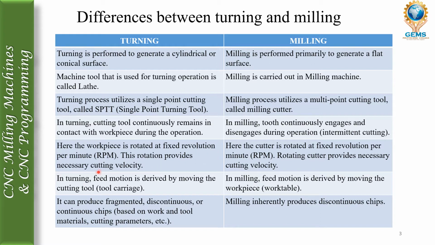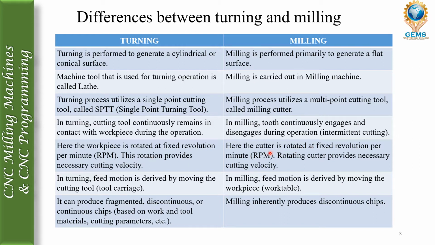So this rotation provides the necessary cutting velocity. In the turning operation, the workpiece is rotating but the tool is not rotating, and that rotation is at a fixed revolution per minute, not a variable revolution. You can change the RPM, but once you change it, it runs at that fixed RPM.